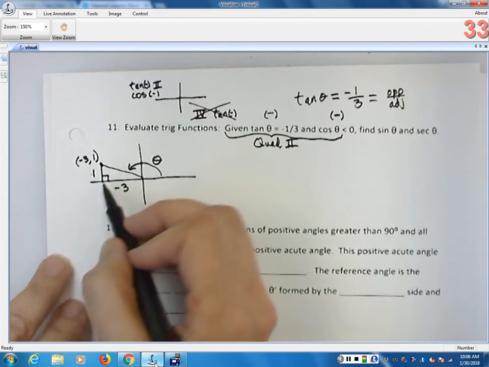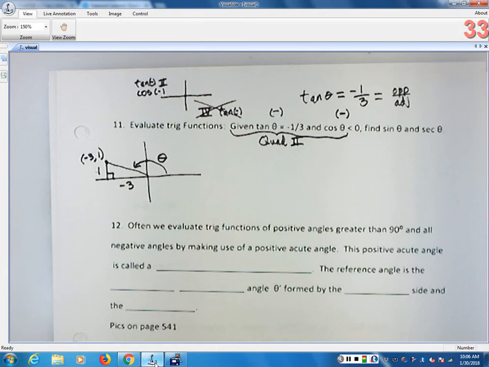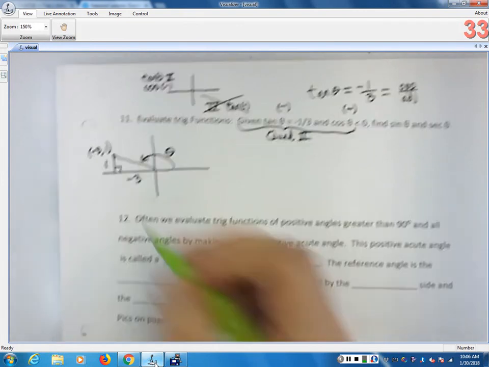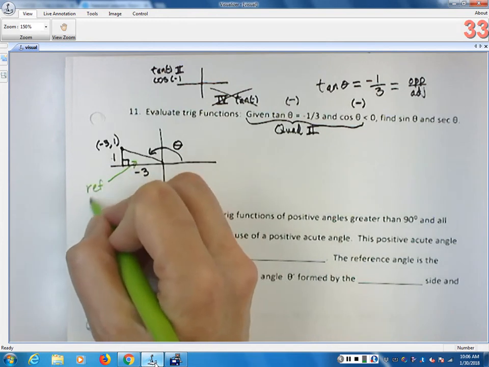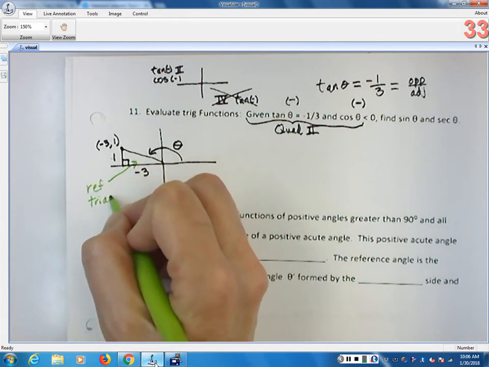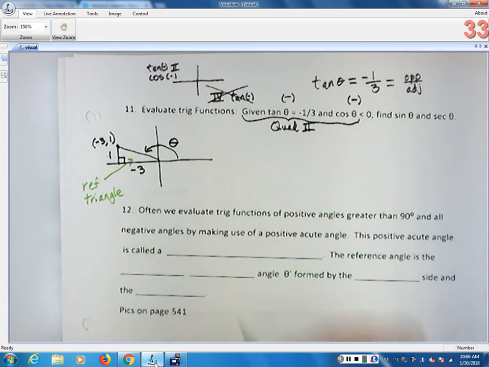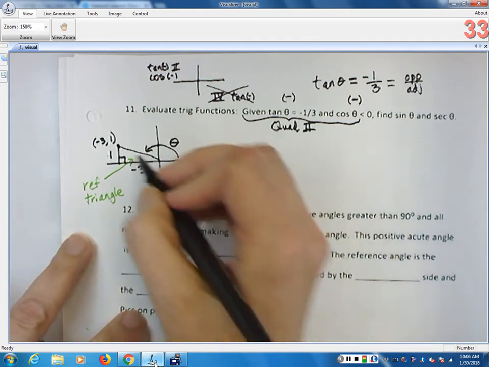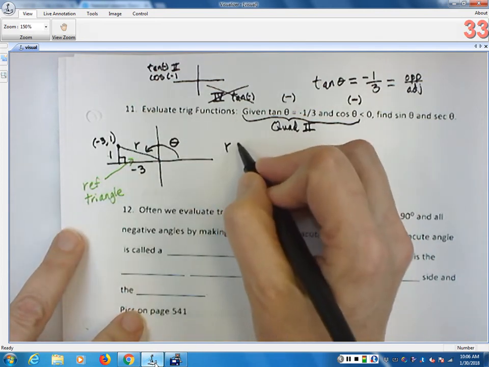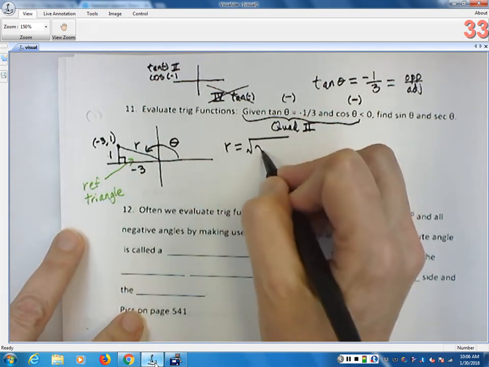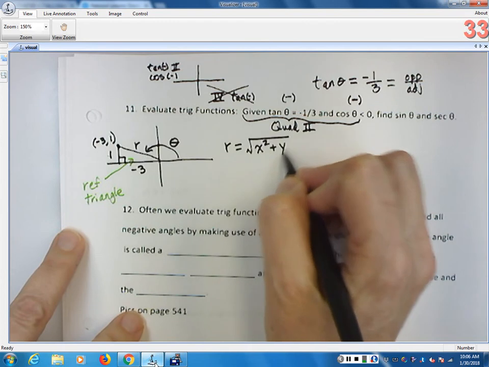By the way, this is called a reference triangle. We'll get to it in the next section. Okay, that's our reference triangle. So we need to find R, and we can use the Pythagorean theorem: R is the square root of x squared plus y squared.